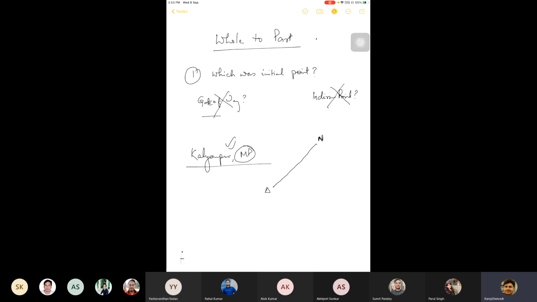reason for selecting a point in the middle of the country is that a group of surveyors has to move in 4 directions, isn't it? And finally this map of the whole country has to be combined, isn't it? So if they start from here, they will have to move like that.